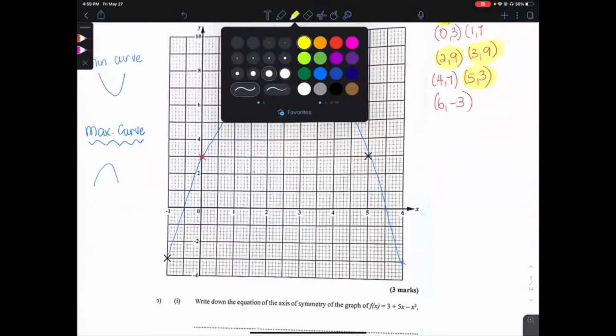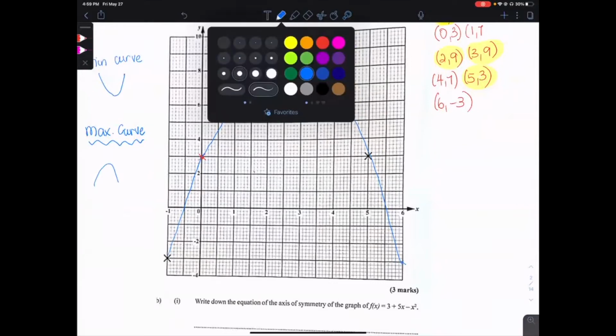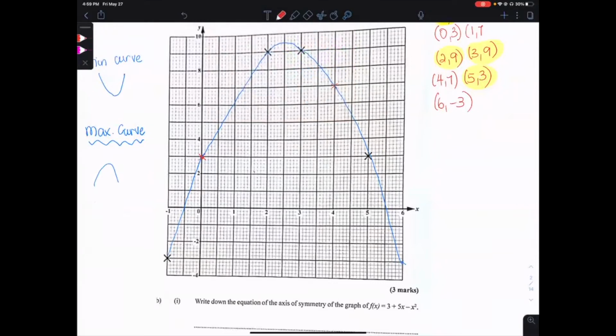If I draw a line, this line here, this line is where the curve is symmetrical. Do you all see that? One half of the curve will fit exactly on the other half of the curve. So at this point, the curve is symmetrical.